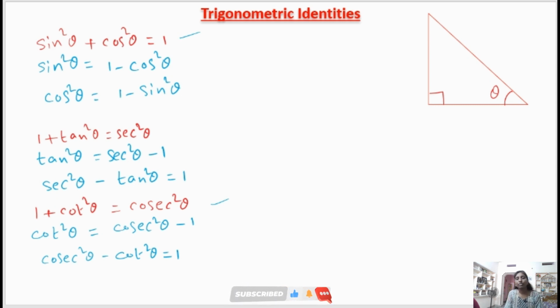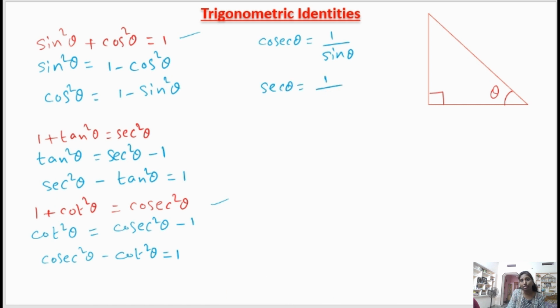Now you have to remember all the relations between the trigonometric ratios. It means you should remember the reciprocals. Cosec theta is equal to 1 by sin theta, so sin theta and cosec theta are reciprocals of each other. Sec theta is equal to 1 by cos theta. Cot theta is equal to 1 by tan theta.